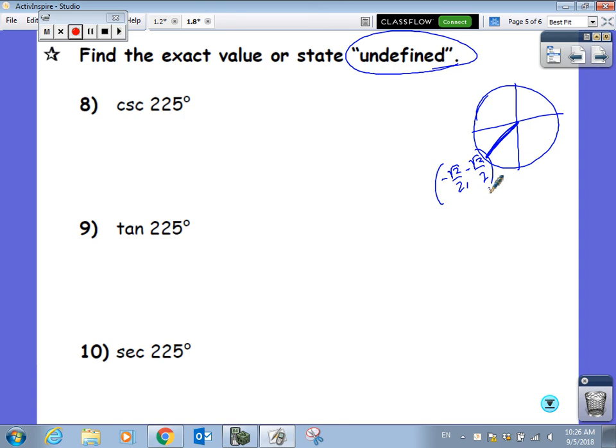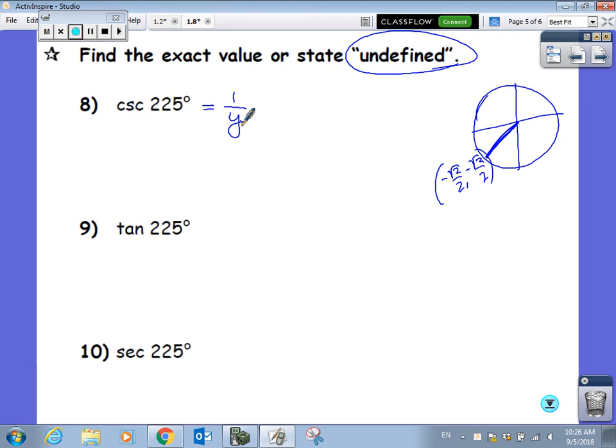Cosecant of 225, since it's on the unit circle, we don't have to worry about SOHCAHTOA and reciprocal. We need to worry about the x's and the y's. So cosecant is 1 over y, or it's the reciprocal of the y value.